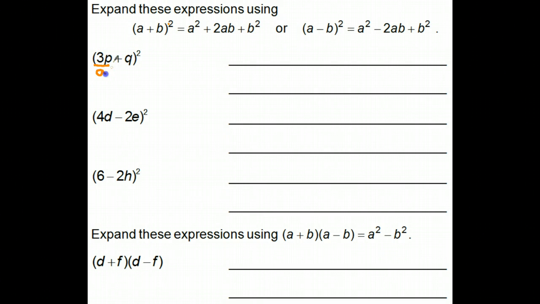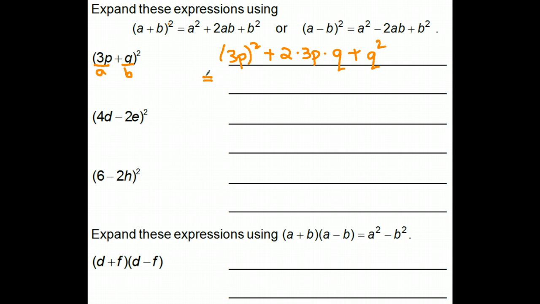Okay, that's a, and that's b. So I'm just going to go ahead and substitute into my expression here. So I've got a squared, so that's (3p) all squared, plus 2ab, so 2 times a times b, and my third term is plus b squared.